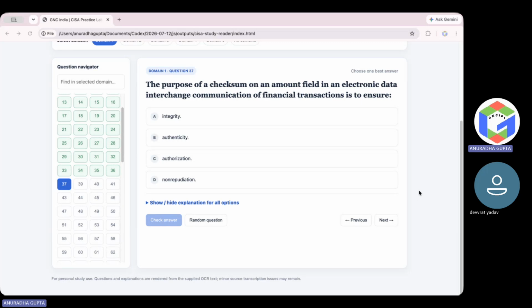But here it is asking about the amount field. Here it is mentioning that checksum on an amount field in an electronic data interchange communication of financial transaction is to ensure. Here they are sending the amount, so authenticity will not come under this.